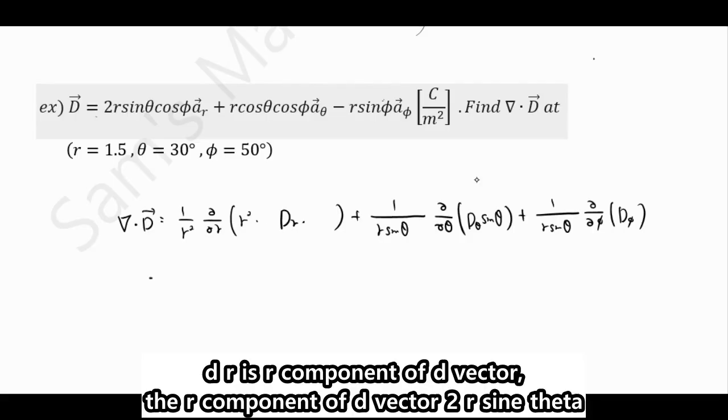Dr is the r component of D vector, which is 2r sine theta cosine phi.